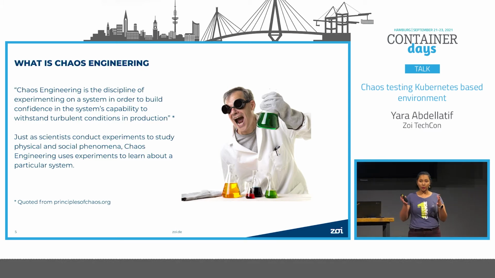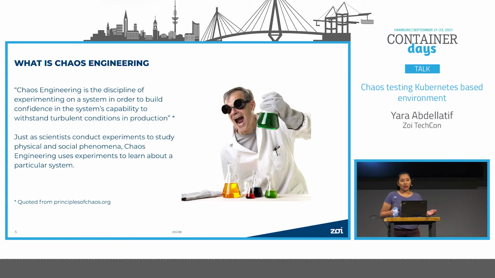You're building chaos on your system in a controlled manner so you can understand or build trust that your system can actually survive those failures. So instead of waiting for those events or those failures to happen, you're actually doing them yourself to your environment.